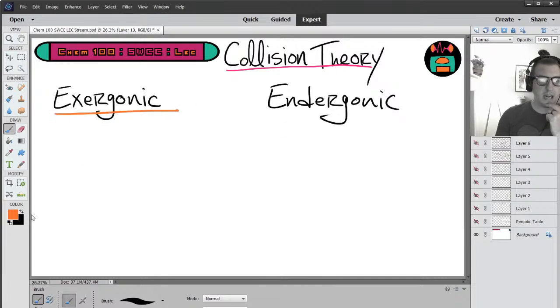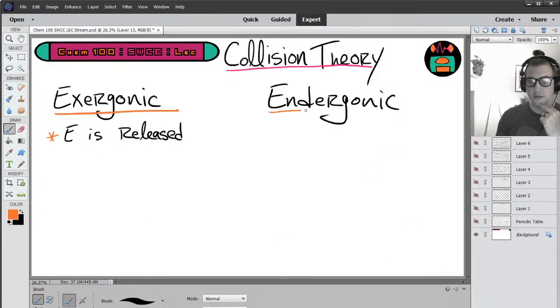For an exergonic reaction, energy is released. For an endergonic reaction, energy is absorbed.